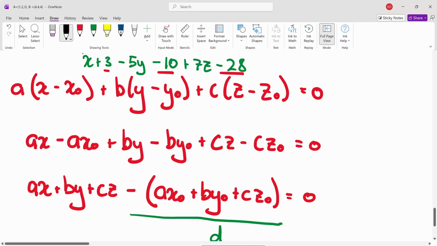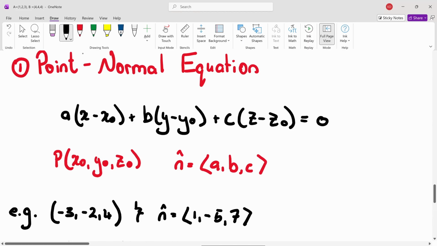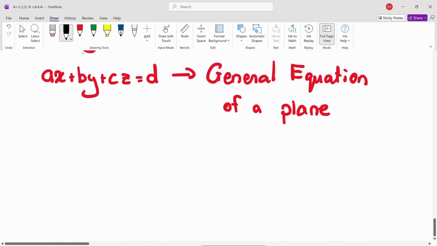Right. So we have so far the point normal equation. That might be the easiest way to visualize, because it looks very similar to what we did with the line equations. We have our a, b, c, and x0, y0, z0. From the point normal, we could go to the general. We'll look at something interesting with the general equation.